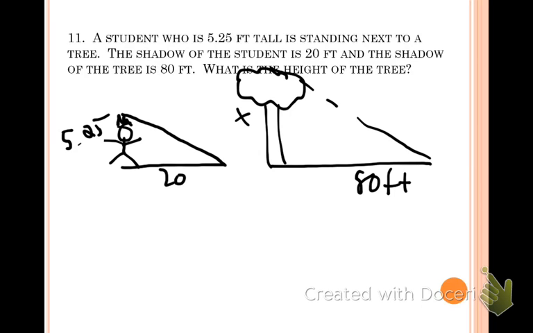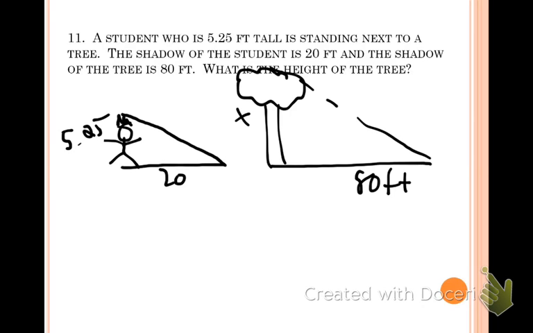Without going into too much geometry, we've got two right triangles, basically. A tree typically grows perpendicular to the ground. When we talk about your height, we talk about it being perpendicular to the ground. Not very many of you go to the doctor and lean to one side and say, how tall am I? You're standing straight up, perpendicular. So we've got two triangles that are going to be similar.